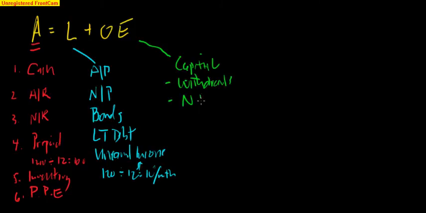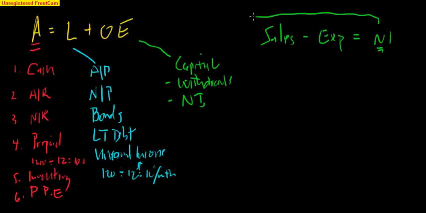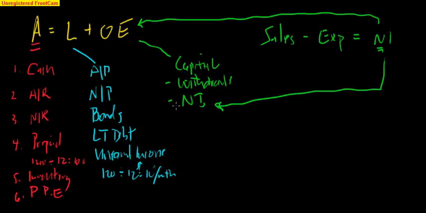Net income. Remember we talked about net income coming in. In fact, let's do that over here. Let's have our sales minus expenses equals net income. And we know that net income comes over and impacts owner's equity. So net income right there.